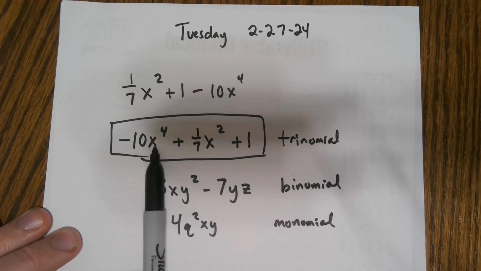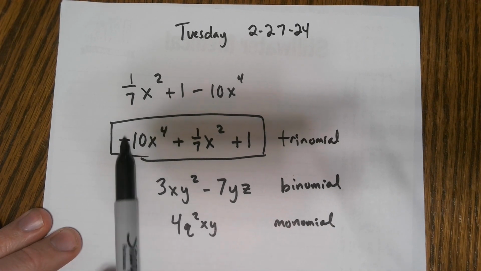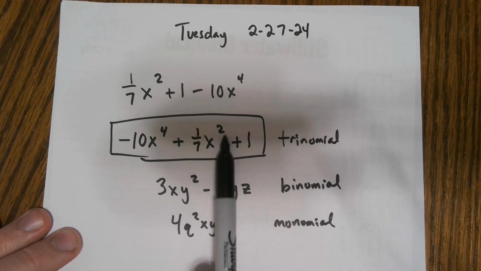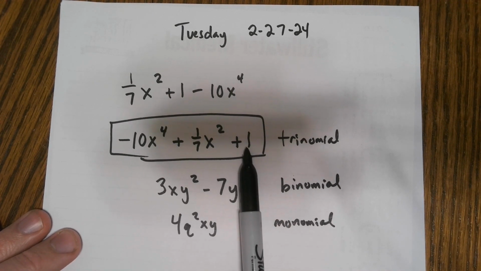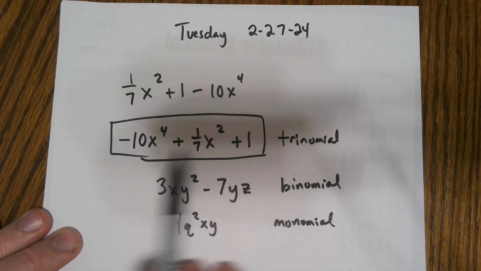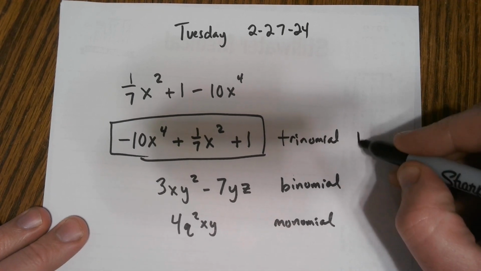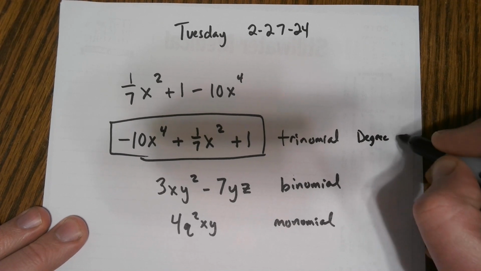The first term has a degree of 4 because this x has a 4. This term has a degree of 2, and this term has a degree of 0. Since they're separate terms, I can't add them together. I just take the highest one, which is 4, so it's a degree of 4.